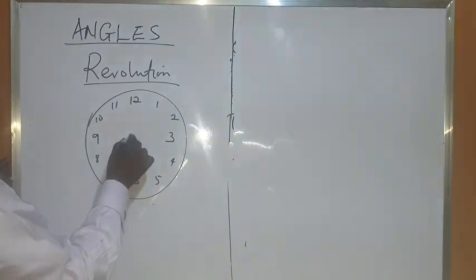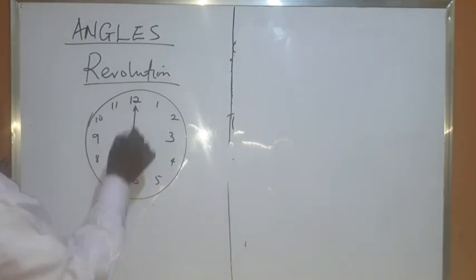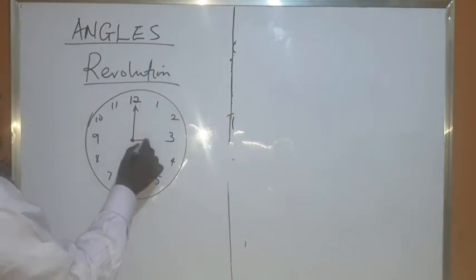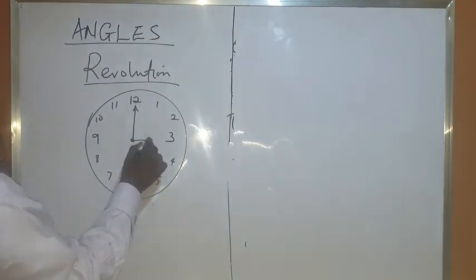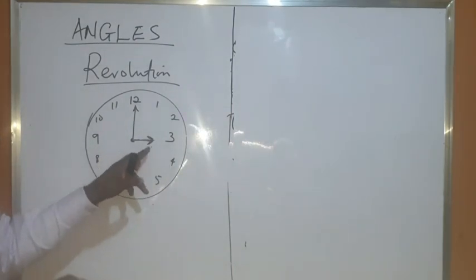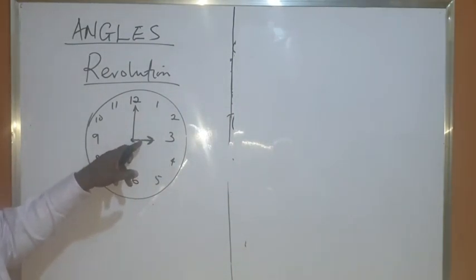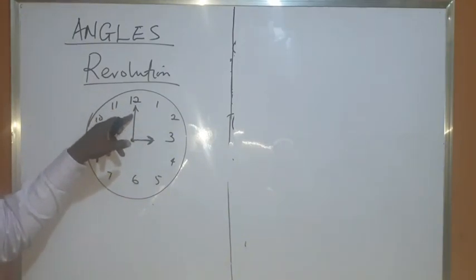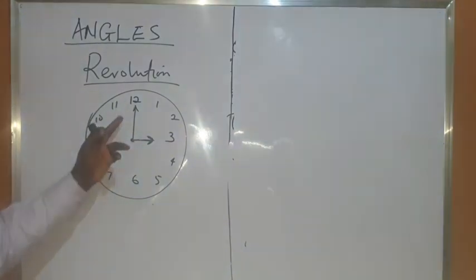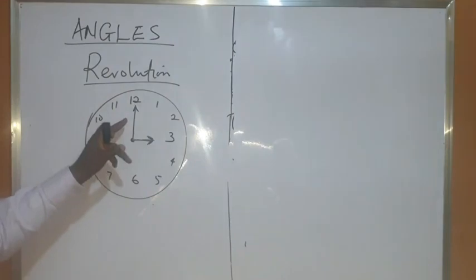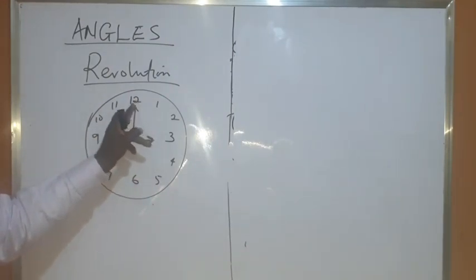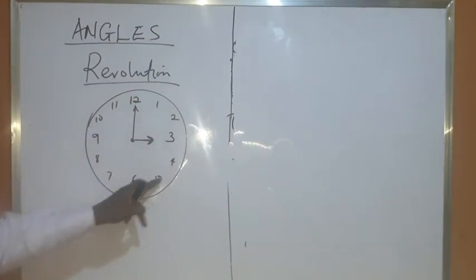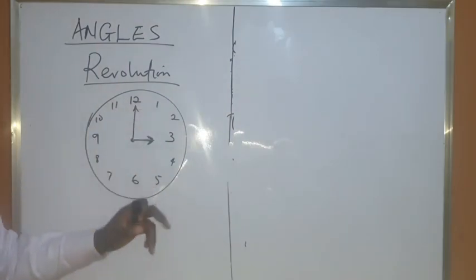At the center here, this is the hour hand, and we can have the minute hand like this. The shorter hand is the hour hand, and the longer one is the minute hand. So the minute hand starts from this 12 and moves back to 12. It has taken a revolution.